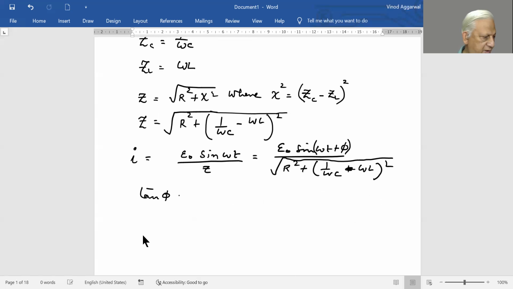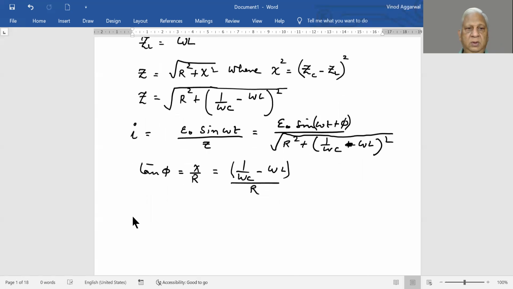Tan phi is defined as, which is equal to, so to find phi, what you have to do is you first find tan of it, and then you take the inverse of it to get the phase difference between current and voltage.